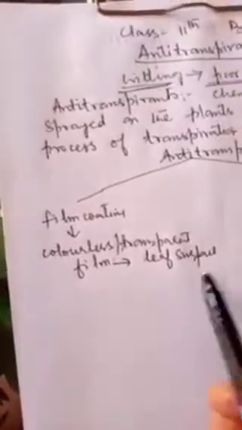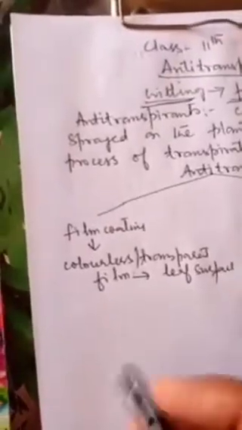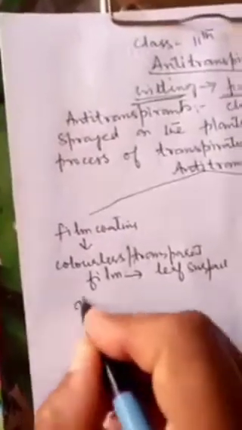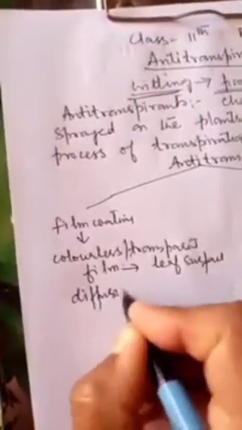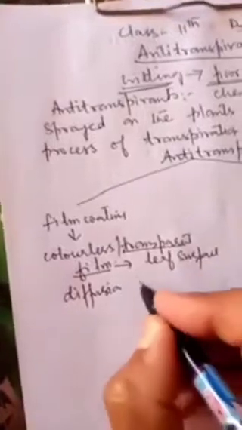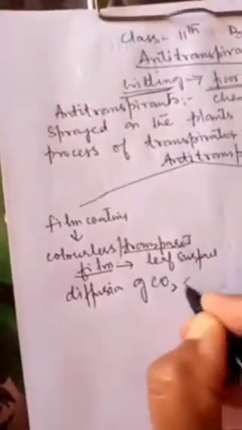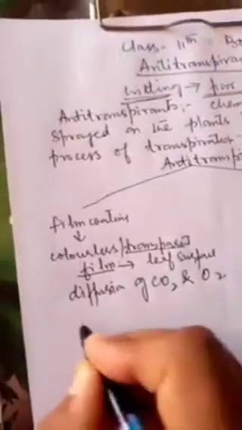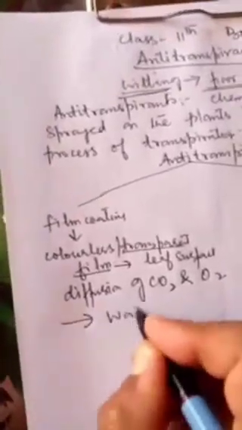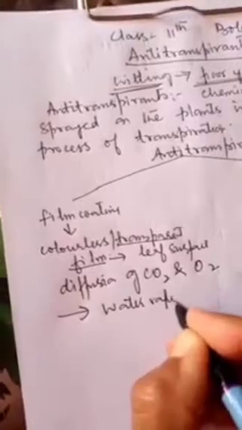When we spray this type of anti-transpirant, it forms a transparent film on the leaf surface, which allows the diffusion of carbon dioxide and oxygen, but does not allow the diffusion of water vapor.